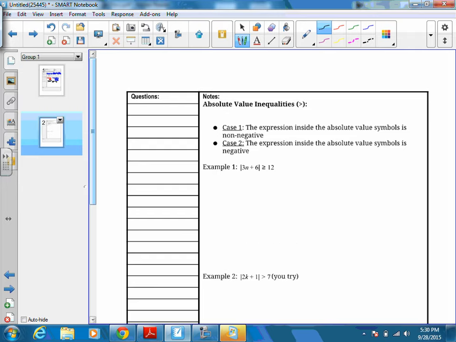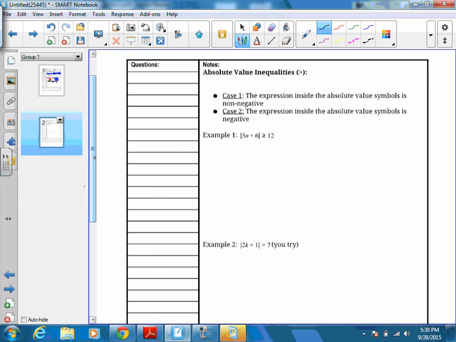If I look at page 2, now I have absolute value inequalities with greater than.